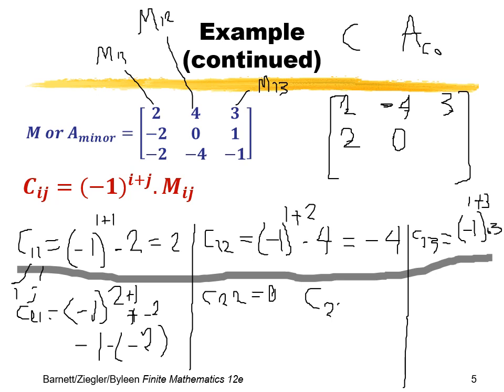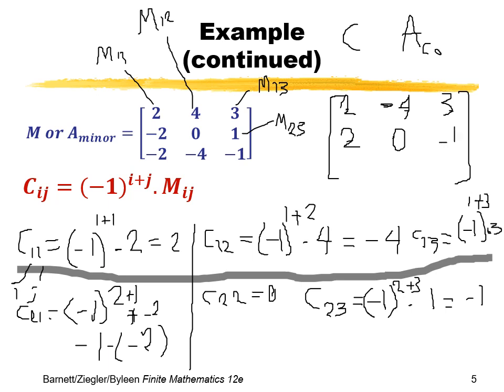C23, second row, third column, equal negative 1 power 2 plus 3, negative 1 power 5 equal negative 1, of course, times M23 here equal 1. So negative 1 by 1 equal negative 1.